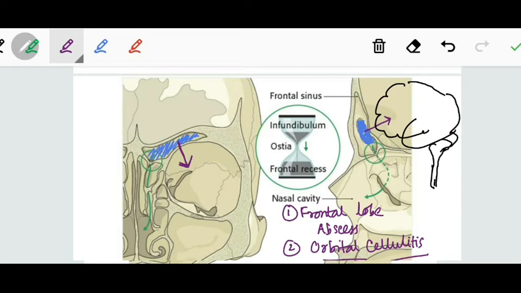The pain of frontal sinusitis is usually severe and it is localized over the affected sinus. So the pain is felt localized on the forehead region, which is called the frontal headache. It shows characteristic periodicity.